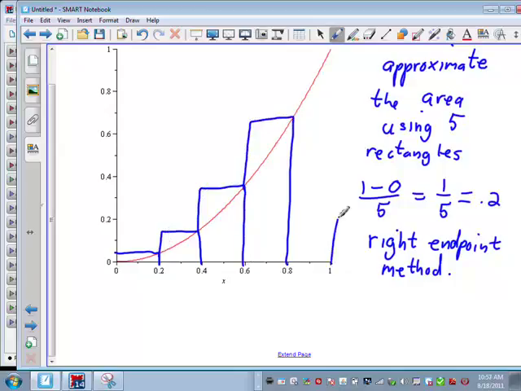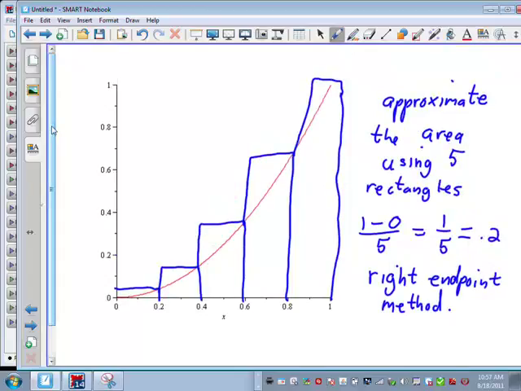Now, Maple already has a program that does this. I'm going to be using it in a second, but I think it's important. Wow, they go all the way up to 1, or not? Oh, I didn't copy and paste all of it.